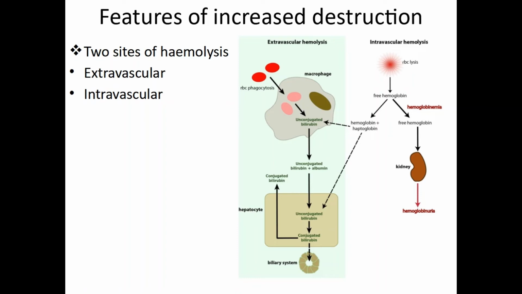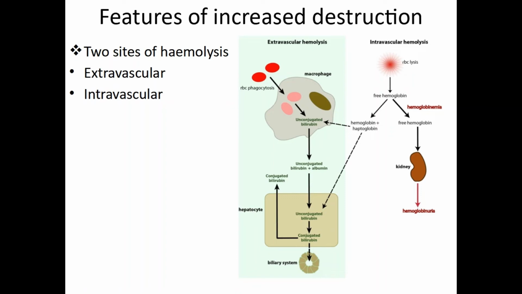Intravascular hemolysis occurs, like what is in the name, within the blood vessels. Once RBCs are lysed within the blood vessels, hemoglobin becomes free, and to that hemoglobin, one more protein called haptoglobin comes and attaches to make it less toxic. Then it gets converted to unconjugated bilirubin and follows the same pathway.